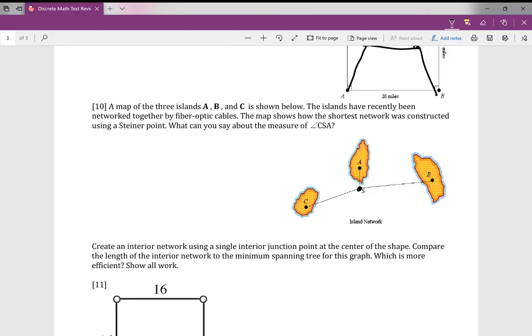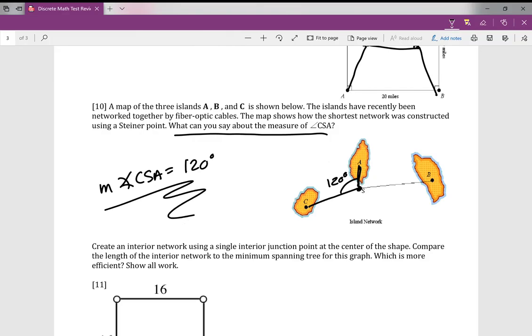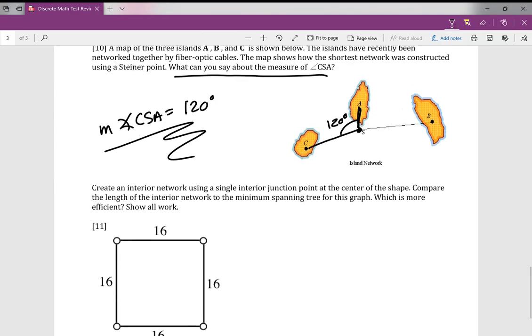So it wants to know what we can say about the measure of angle CSA. And it has to be 120 degrees if that is a Steiner point. Again, that was in our list of theorems that we discussed in class.